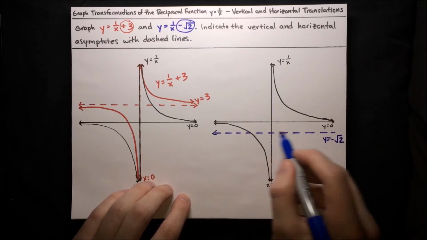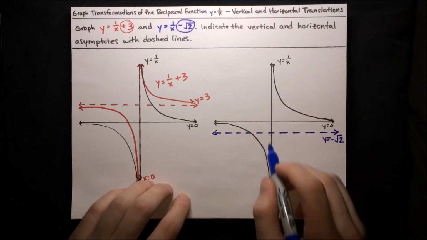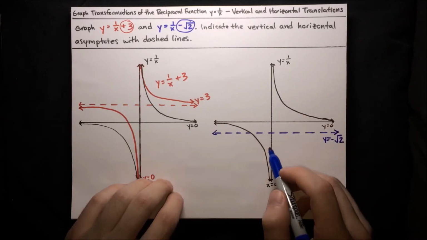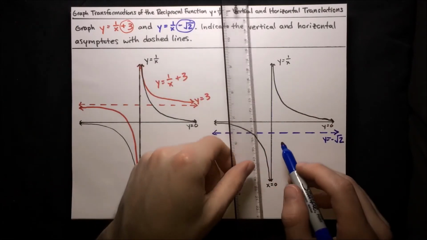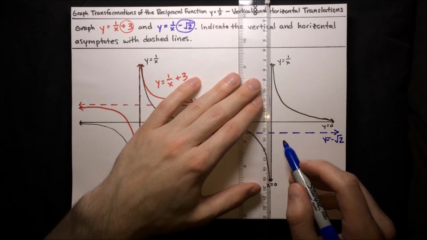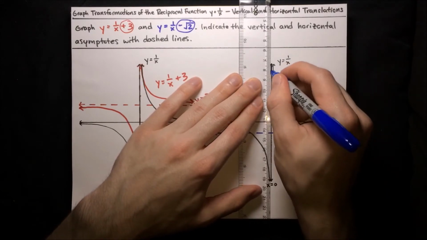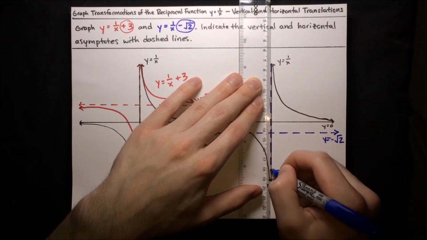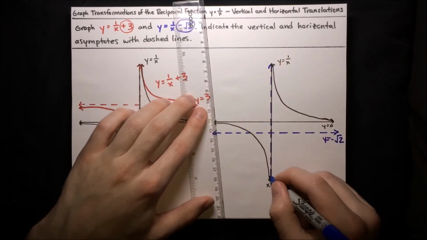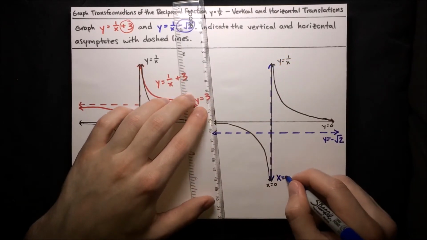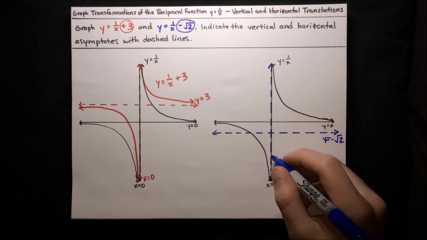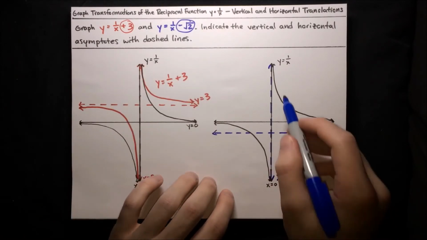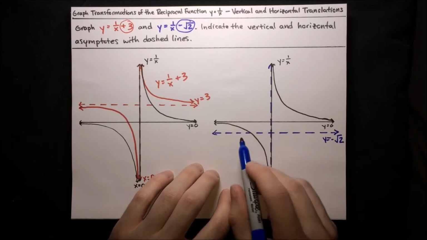And how about our vertical asymptote? If we move it down, it just stays the same because it's just a straight up and down line. But just to make things clear, let's draw over it. So our vertical asymptote stays the same, still x equals 0. And now let's draw our function. So again, it goes around the corners of the asymptotes.